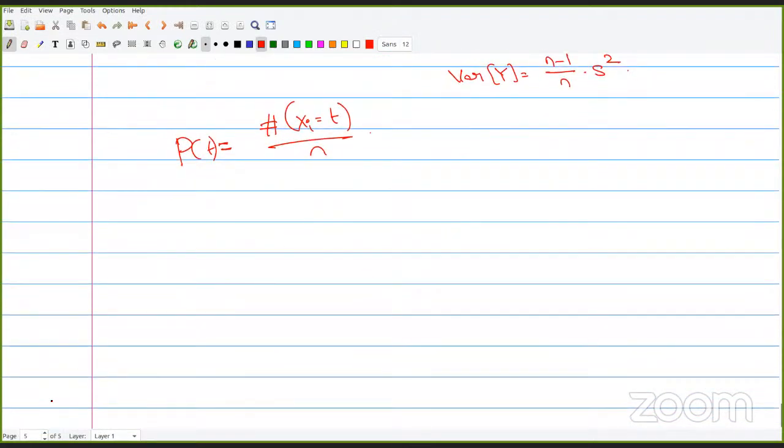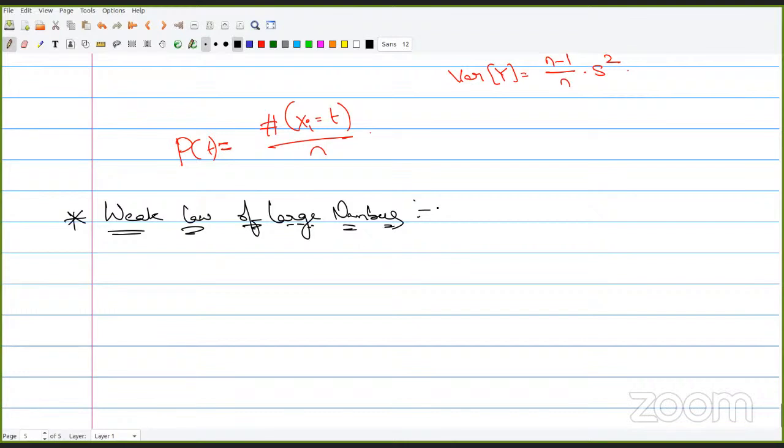So the next thing I wanted to discuss today is the weak law of large numbers. What does it tell us?